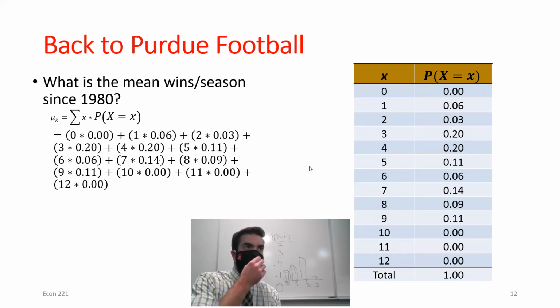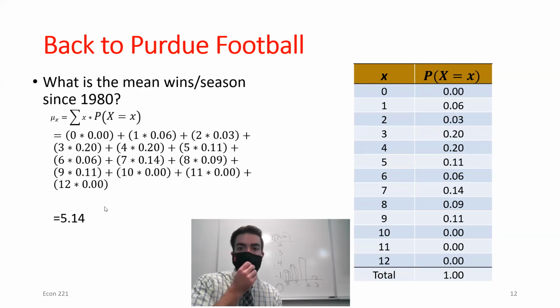Once I've done that, remember, I no longer have a denominator. The denominator is just 1, and so now I'm done. Once I take each outcome, multiply it by the probability that it occurs, and add them all up, that should give me the mean of that discrete random variable.